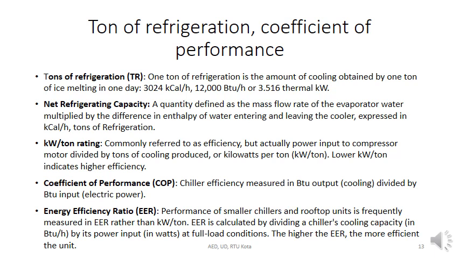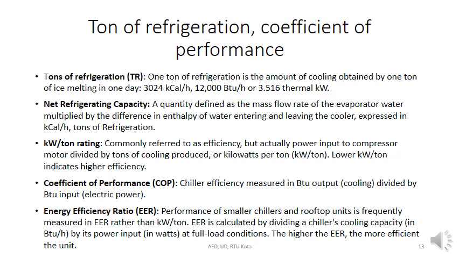Apart from that, the performance of a refrigeration system is measured based on its coefficient of performance, because in thermodynamics we have the refrigerator and the heat pump, both measured by their coefficient of performance. Similarly, the coefficient of performance can be defined as a criterion for the efficiency of this system. Kilowatt per ton of refrigeration is also a criterion.